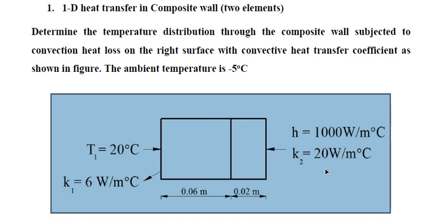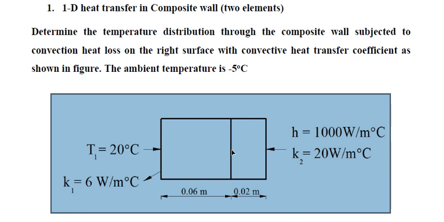Now, how do we take the elements? How do we consider the FE model? Since there is a composite section, meaning there is a material change, we have to consider a node in between.